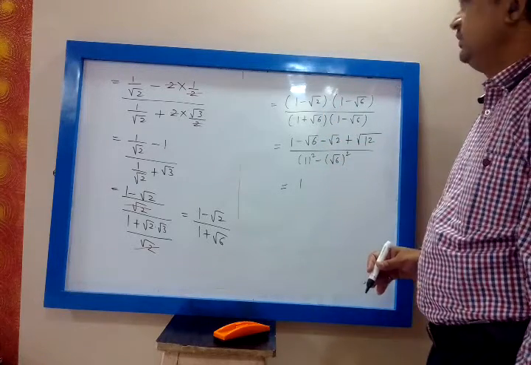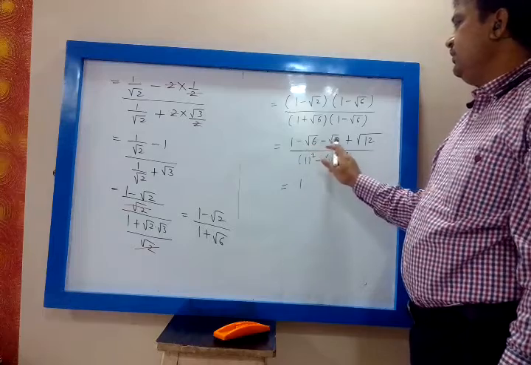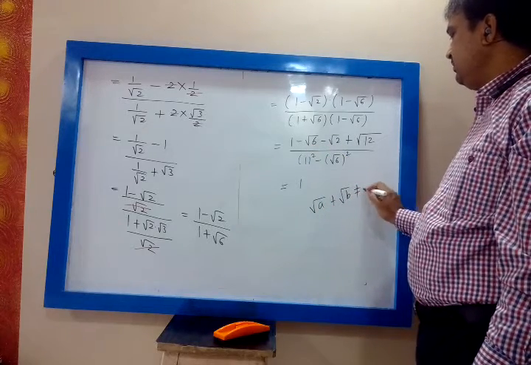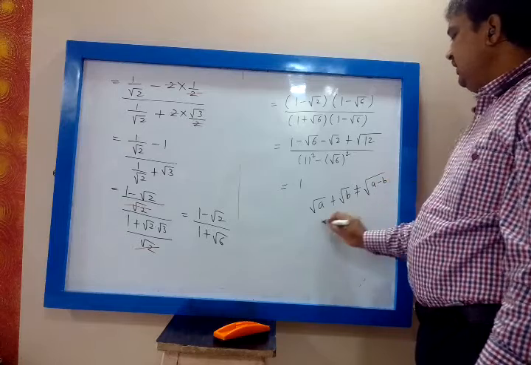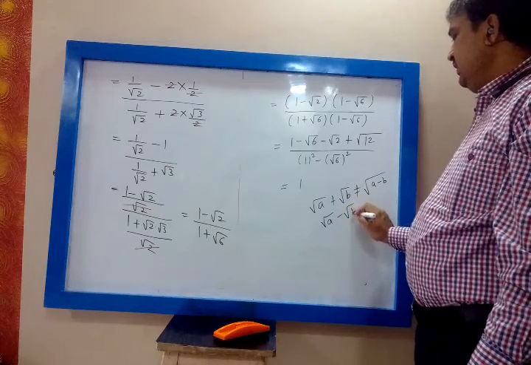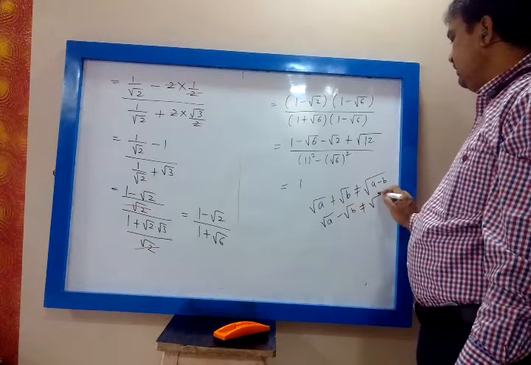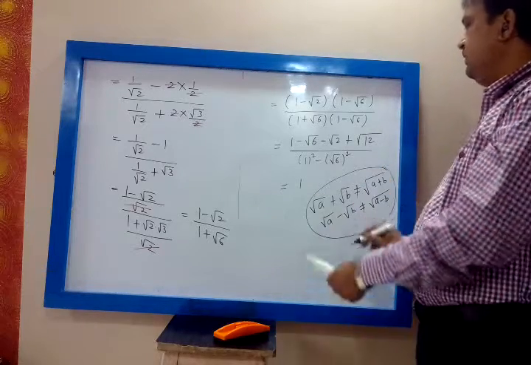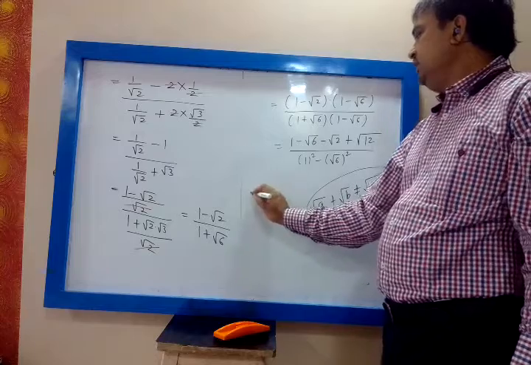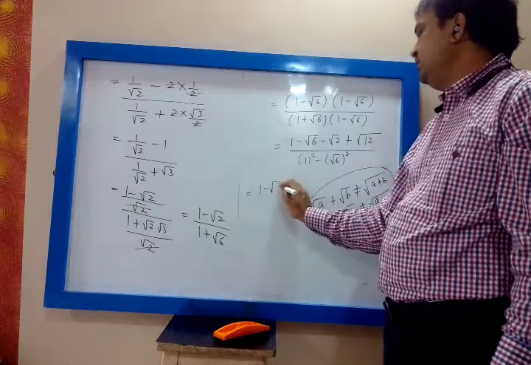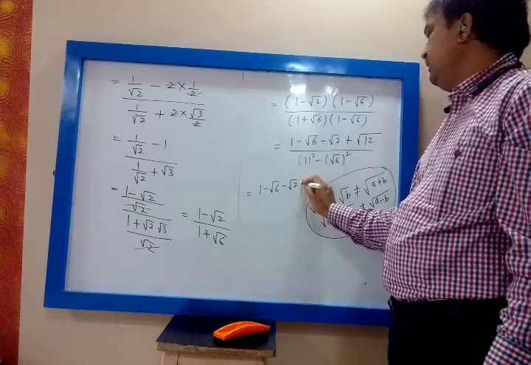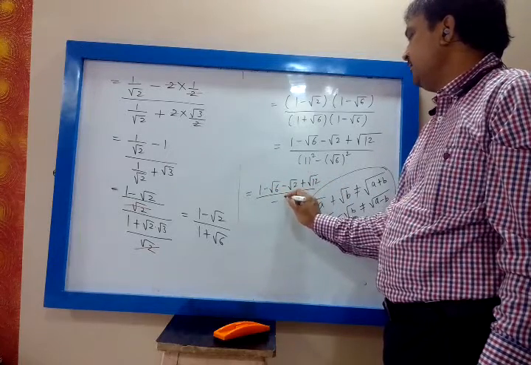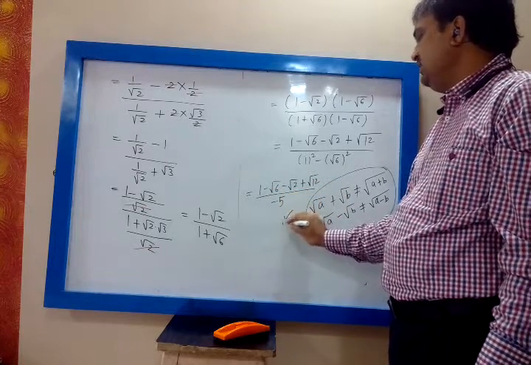Remember, root a plus root b is not equal to root of a plus b, and root a minus root b is not equal to root of a minus b. We cannot add them. So simplify: 1 minus root 6 minus root 2 plus root 12 upon 1 minus 6, that is minus 5. This is the answer.